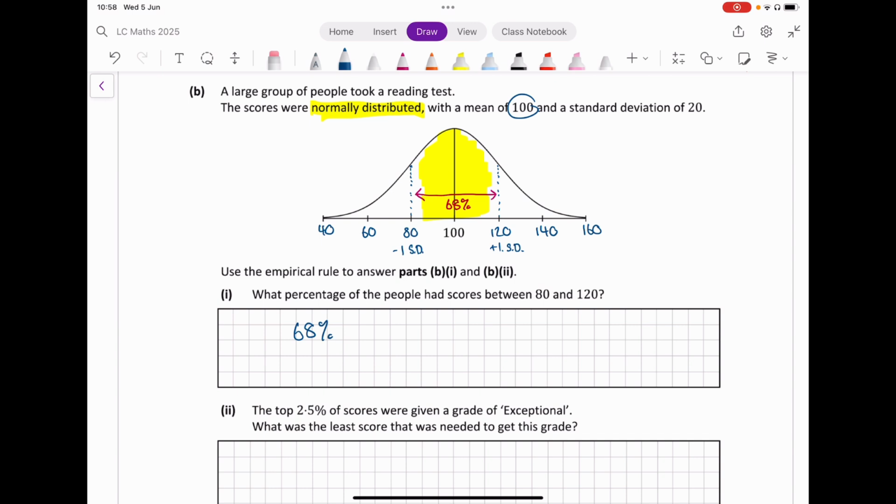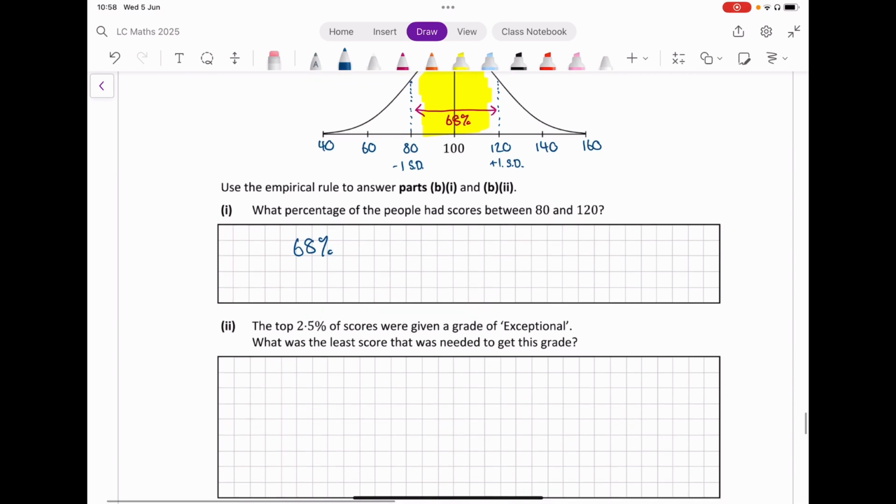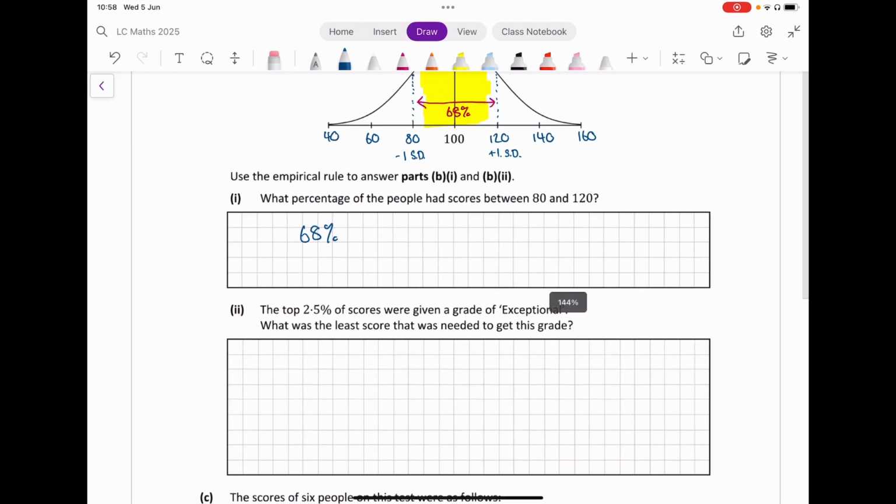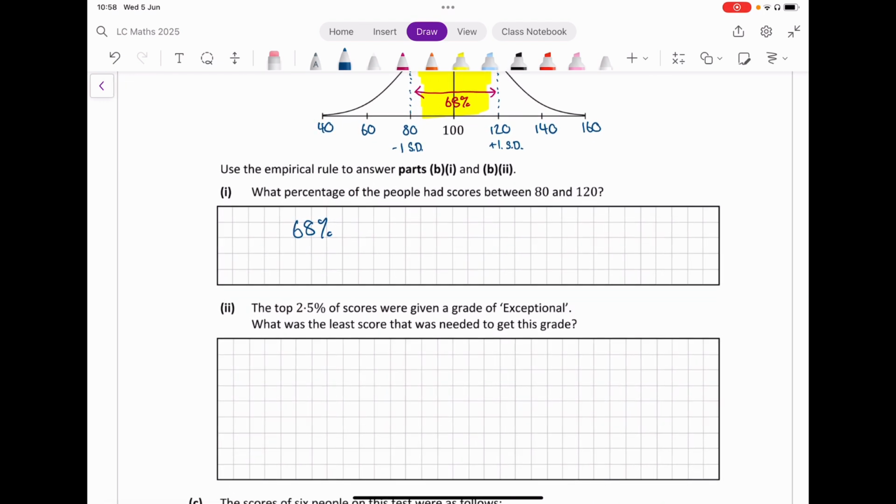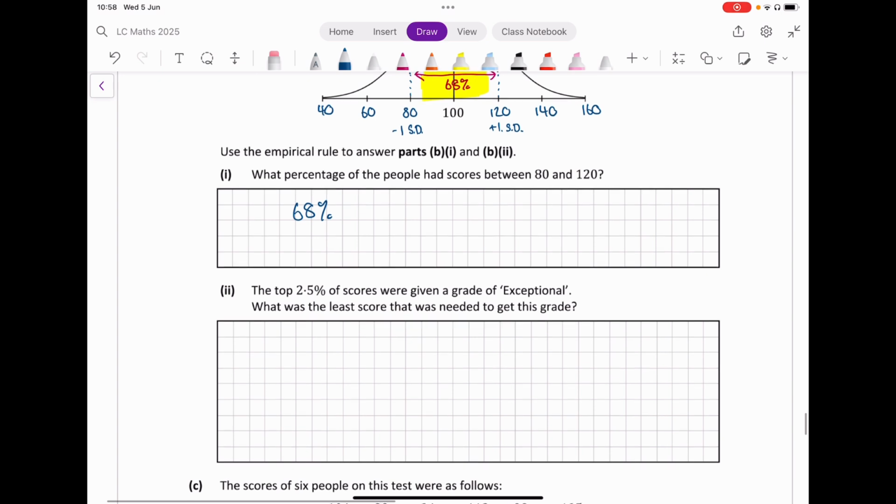Now, they ask, the top 2.5 scores were given a grade of exceptional. Okay, so 2.5% of the scores were given exceptional. What was the least score needed to get that?